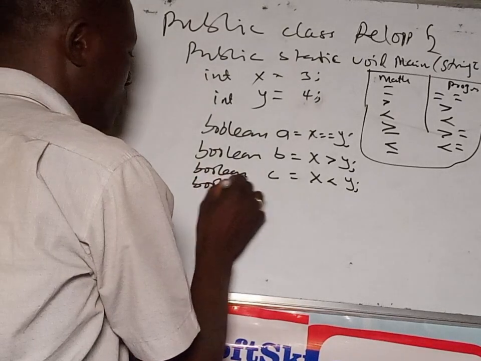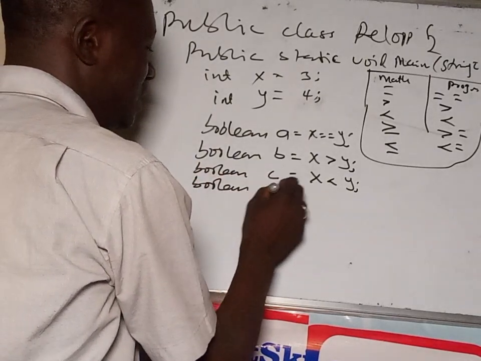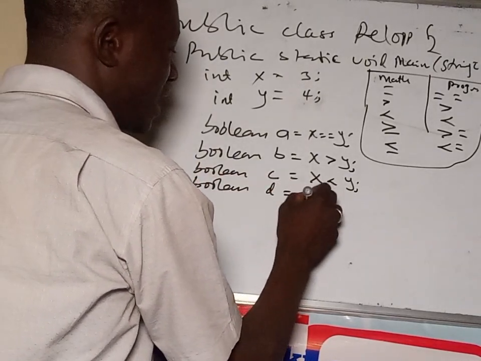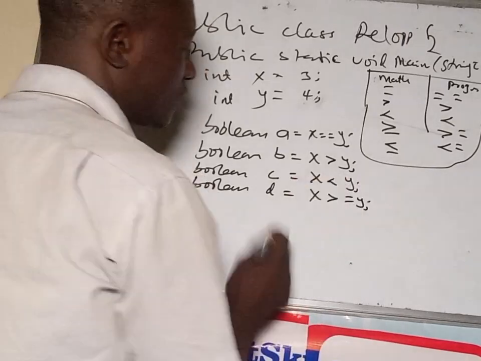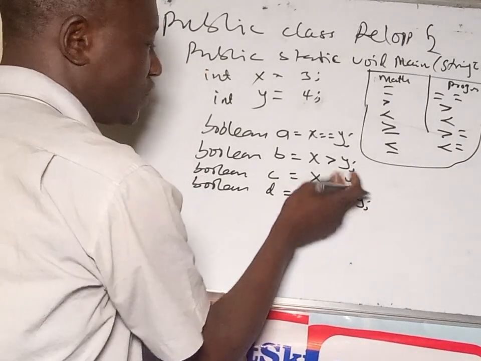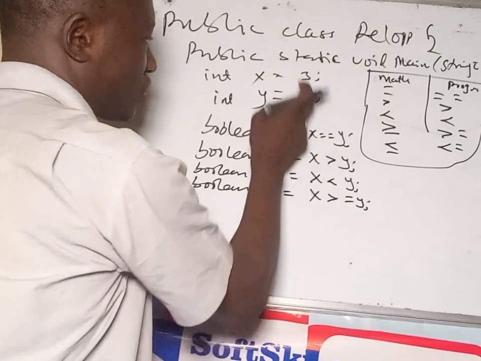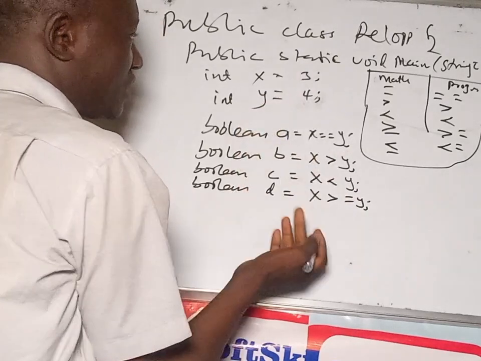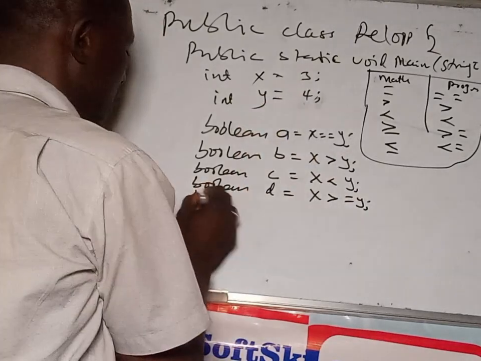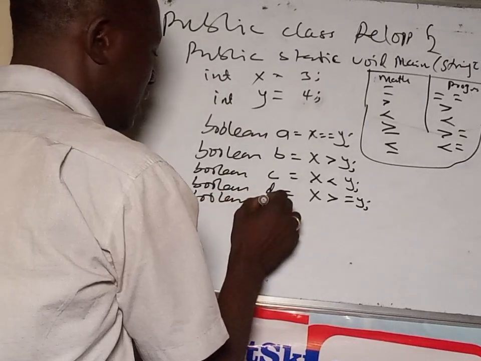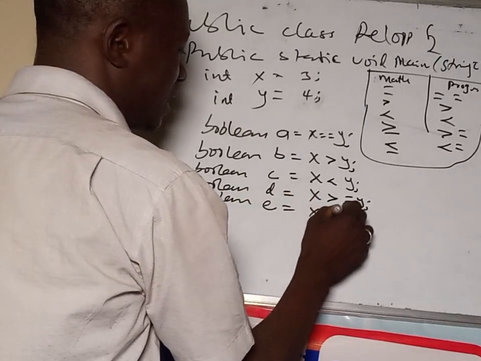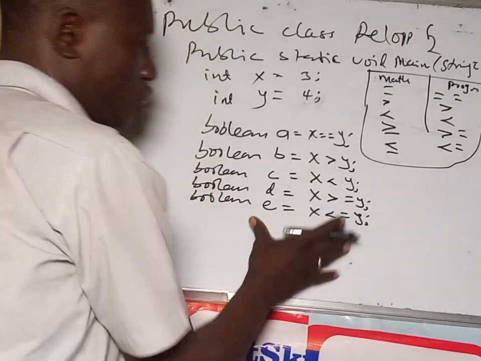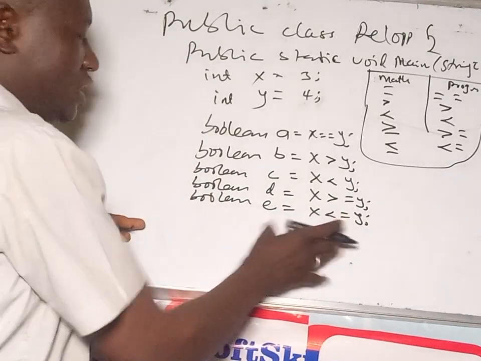We have another one, d, which is equal to x greater than or equals to y, and this is going to give the same answer as b because it is almost the same thing. Then we have another Boolean, e is equal to x less than or equals to y. So this is how it continues to give you results.